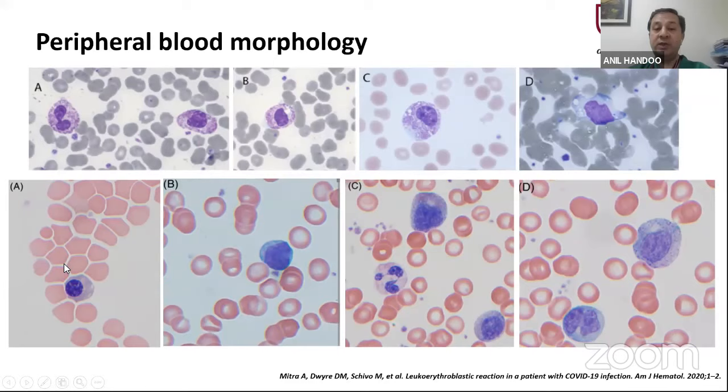You can also see these four pictures on the bottom, from A to D, where you're seeing nucleated red blood cells, reactive lymphocytes, and a shift to the left, which is a typical leukoerythroblastic picture. When I look at the peripheral blood morphology, all these features can be seen in many other diseases as well.